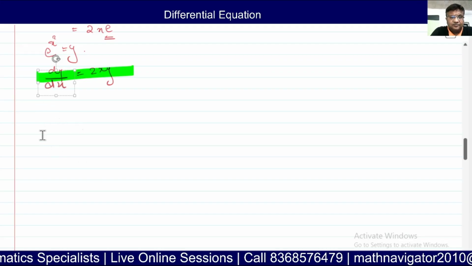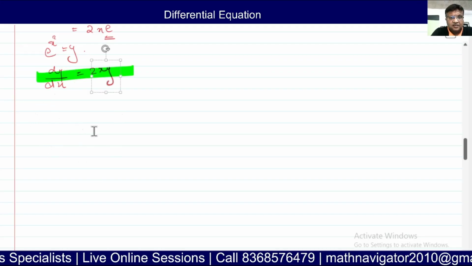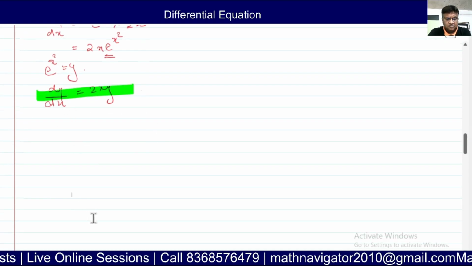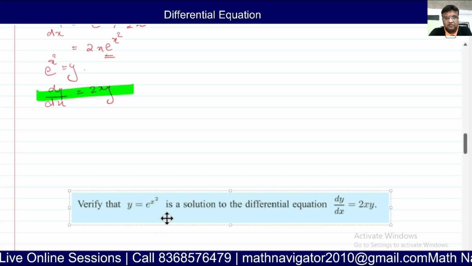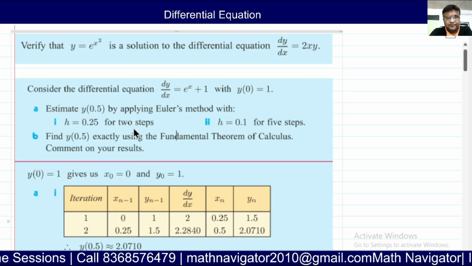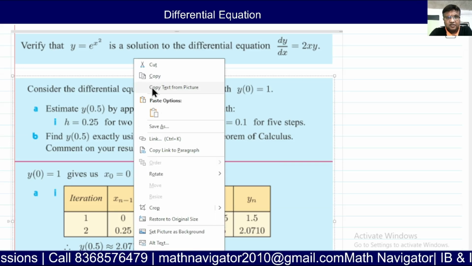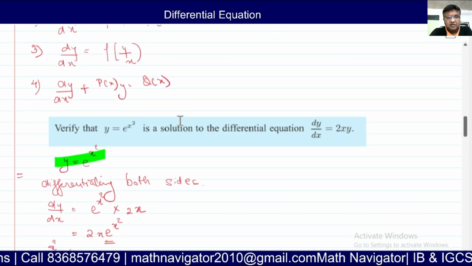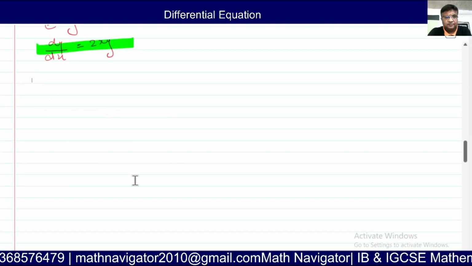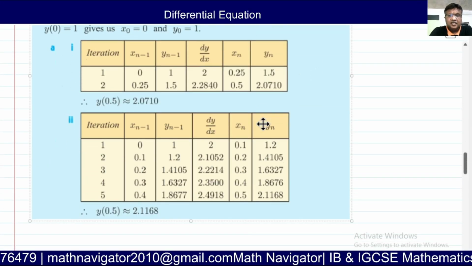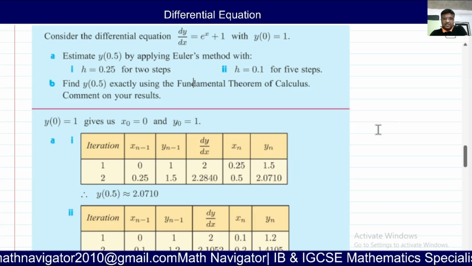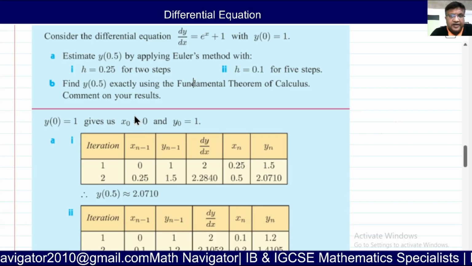Let's do this. In this case, it's something like the numerical trapezoidal rule.